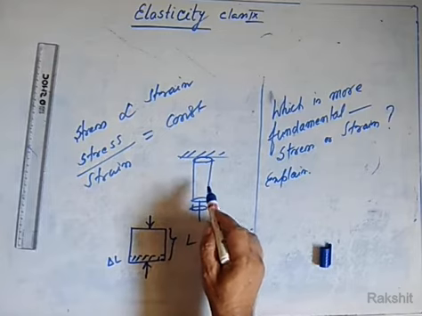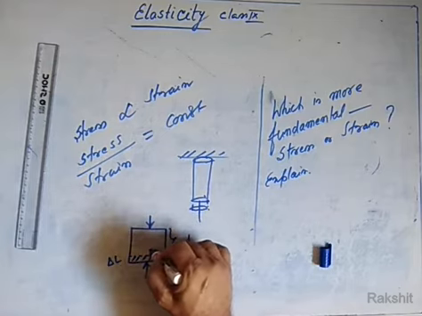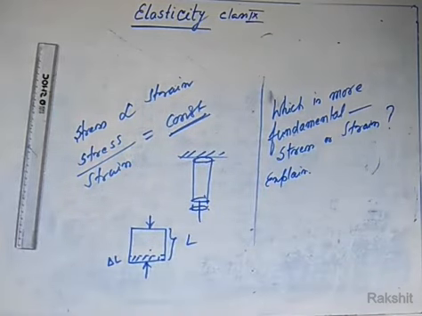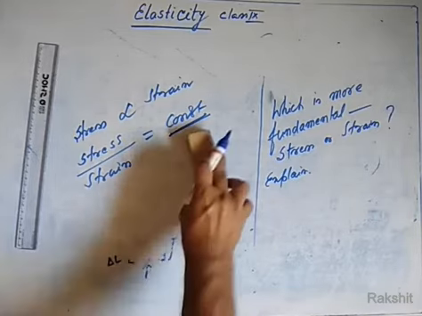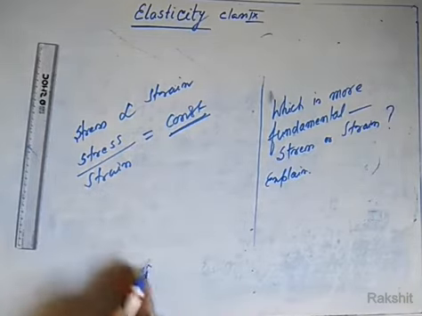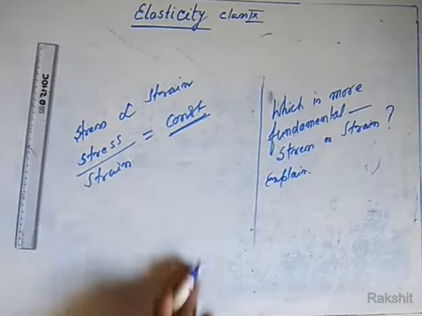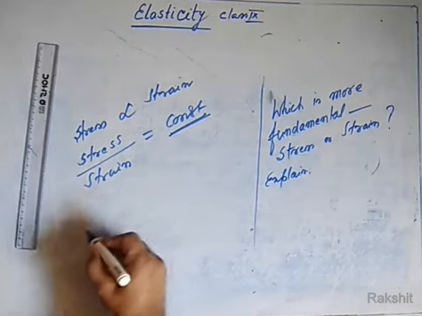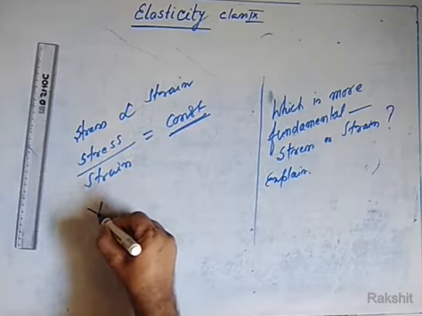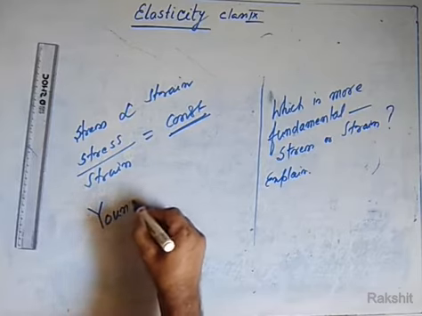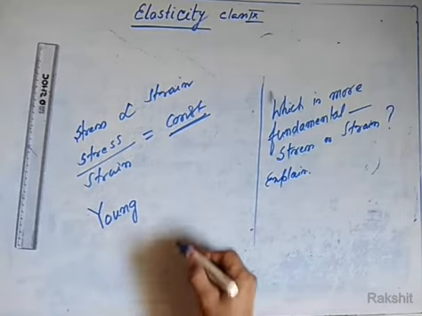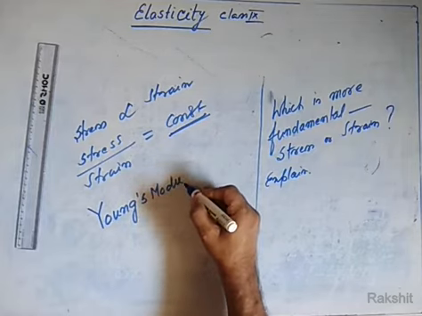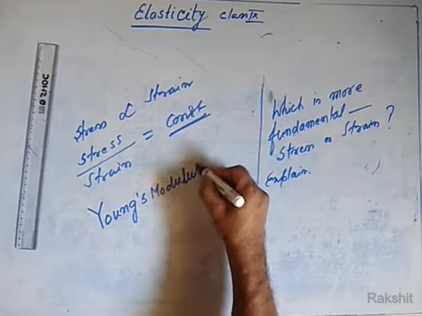So when the case is elongation or compression, this constant is known as Young's modulus. In case of compressional strain or elongational strain, this constant is known as Young's modulus. Y-O-U-N-G, Young's modulus, M-O-D-U-L-U-S.